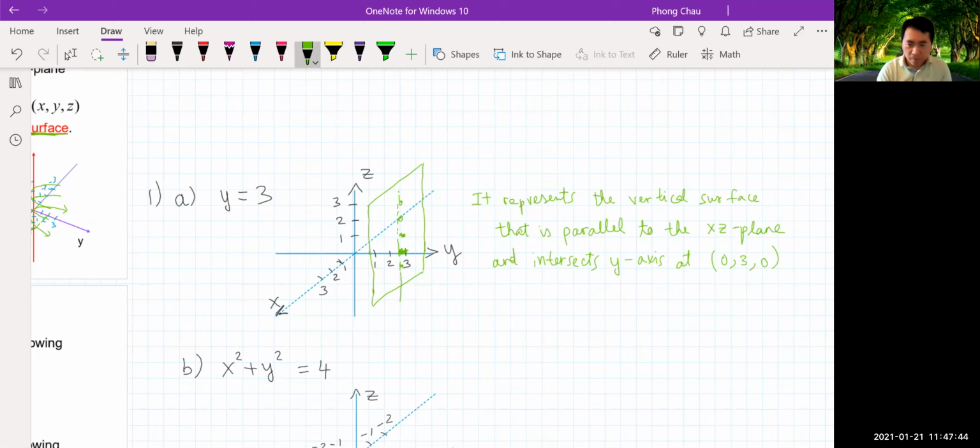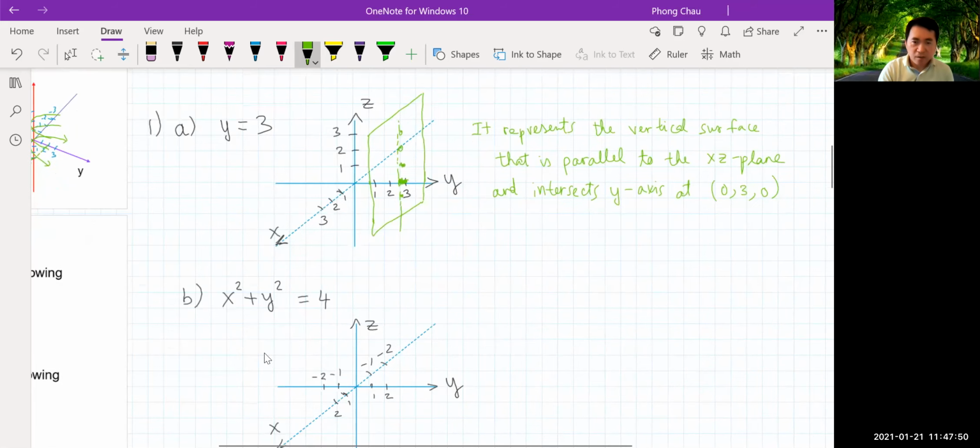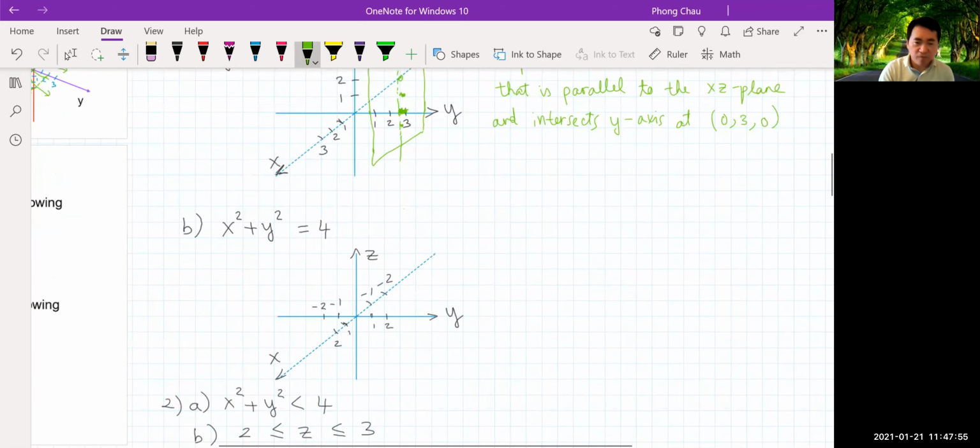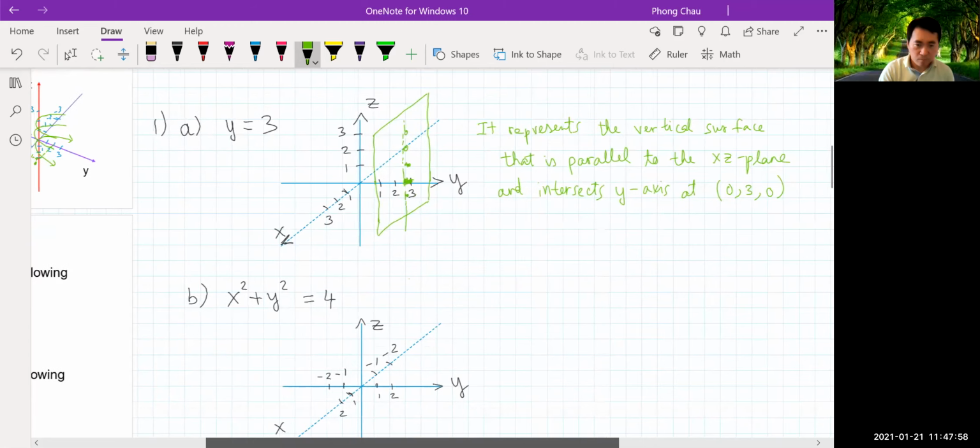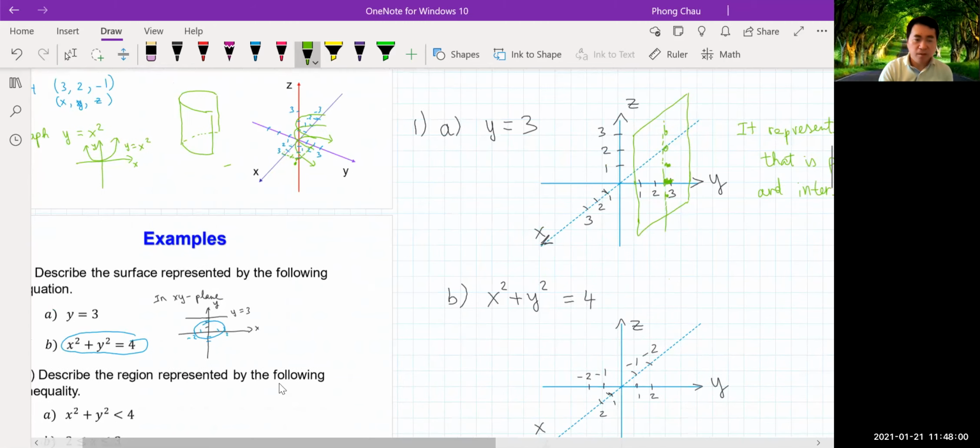Now, if you look at part B, can you graph the equation x squared plus y squared equals 4? Again, in the plane we have this circle in the xy plane. The circle is centered at the origin with radius 2. Now the xy plane is the flat, horizontal surface here.